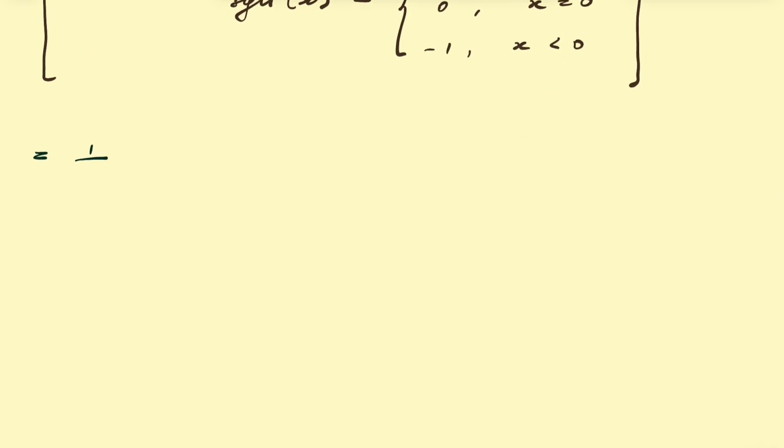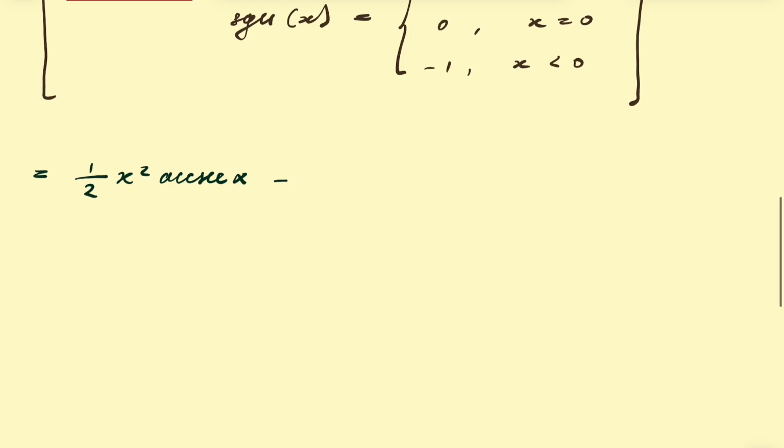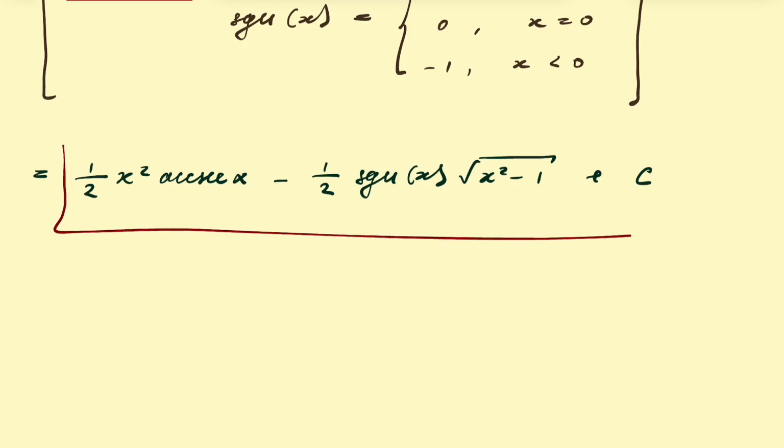Now, in a neater way, it's just x squared arc secant of x minus 1 over 2 times sign function of x times square root of x squared minus 1 plus some constant c. It's our final answer.